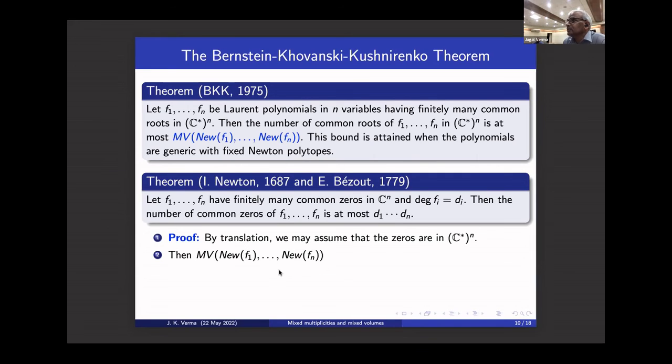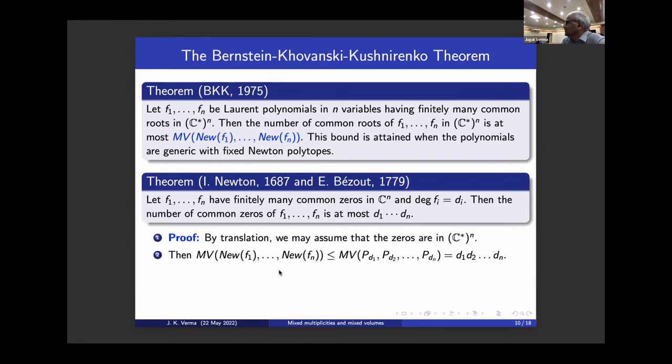When I replace the Newton polytopes with P_d1, P_d2, ..., P_dn, the monotonicity of the mixed volume says that this mixed volume is less than or equal to the mixed volume of P_d1, P_d2, ..., P_dn. But that mixed volume is the product of the degrees. That is the proof.